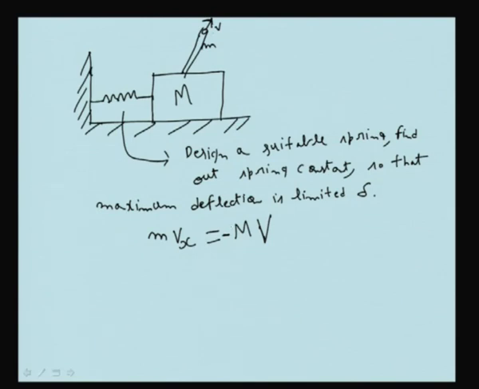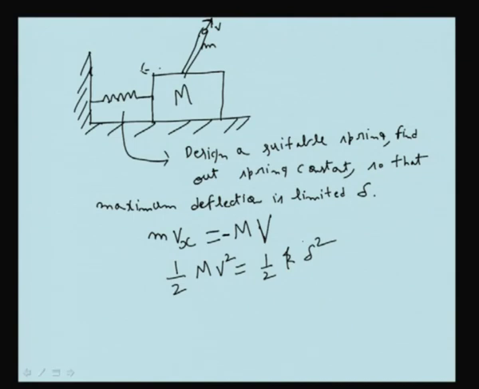That means when the bullet is going this way, the block will go the other way. Now this block possesses kinetic energy. That kinetic energy will be stored as potential energy in the spring. That means half m v square is equal to half k delta square. Delta is given to you because that is the limiting deflection, so you can find the value of k.